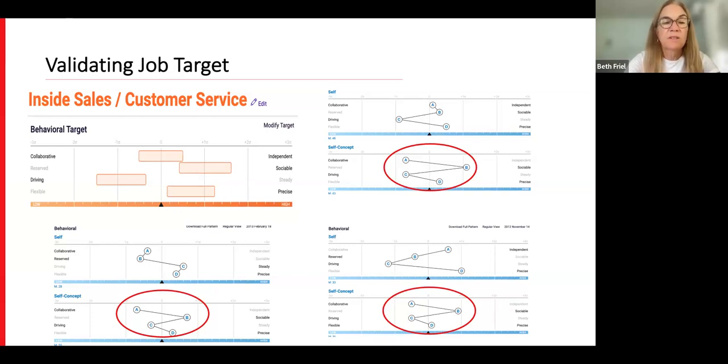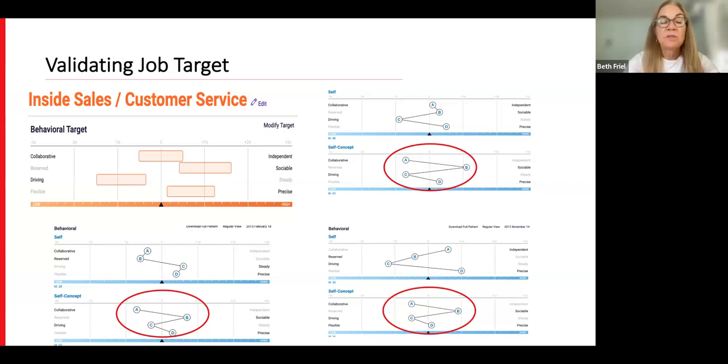That's the reference pattern for this one, altruist. If you look at everyone's self-concept, how they think they need to adapt to do their job, they all look the same. So I'm like, okay, these are high performers. They all get how they're supposed to act. And so their self-concept all matches the job target.